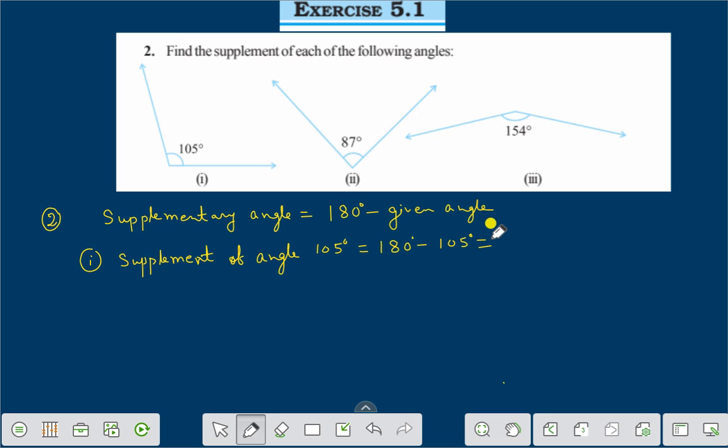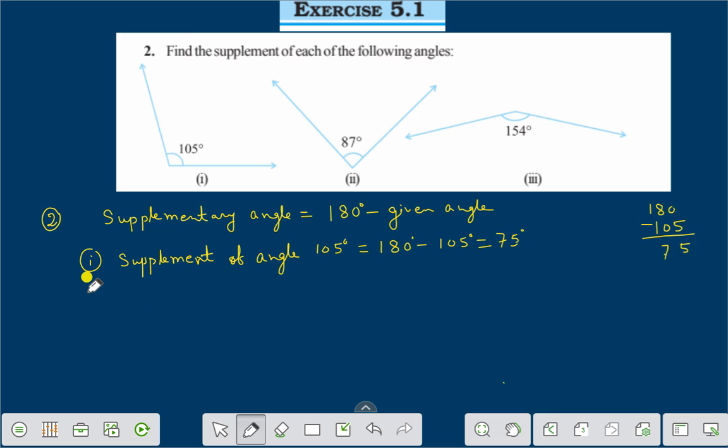If you subtract, that is 180 minus 105, subtract it, 5 carry 1, that is 75 degrees. That comes to 75 degrees. Therefore you can say that the supplement of 105 degrees is 75 degrees, right?